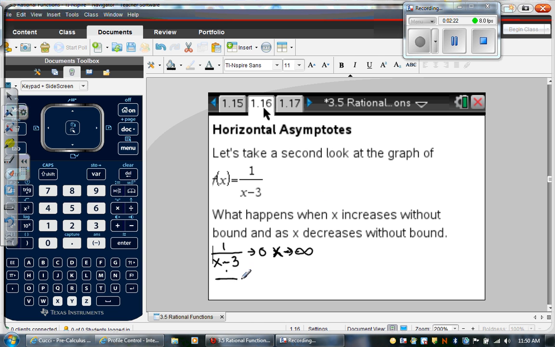As 1 over x minus 3 approaches 0, x seems to be approaching negative infinity. Okay, so it seems to be getting closer and closer to 0 without actually ever getting to it. So what we can say is that that's a horizontal asymptote. We can say that at y equals 0, we have a horizontal asymptote.